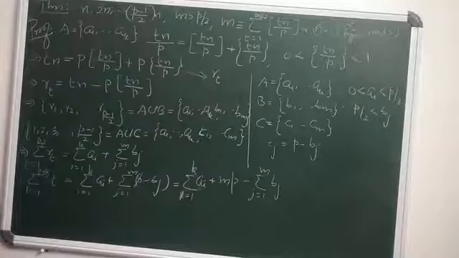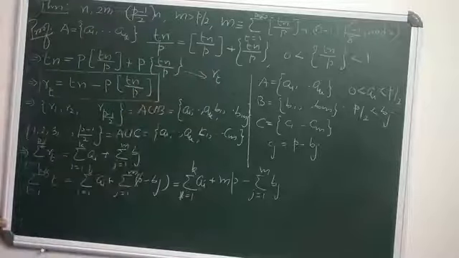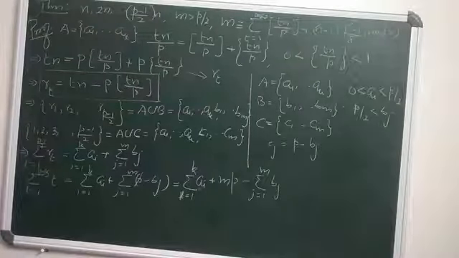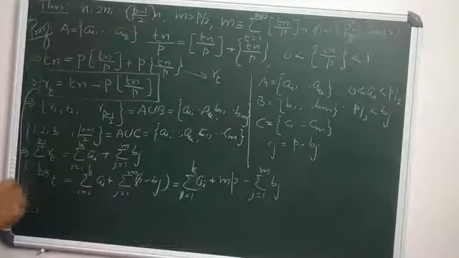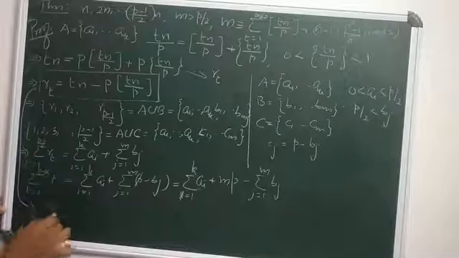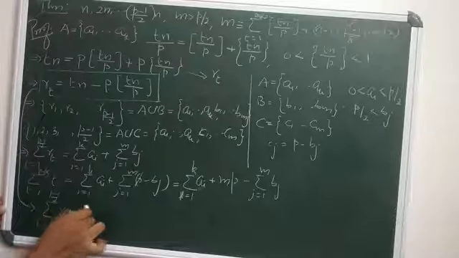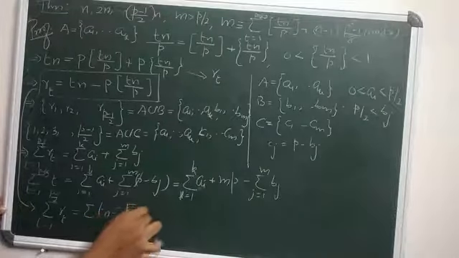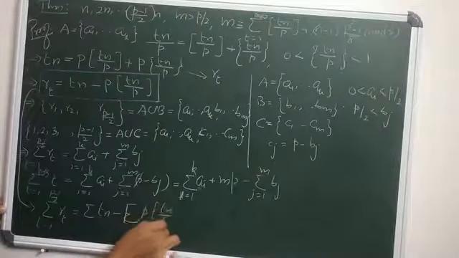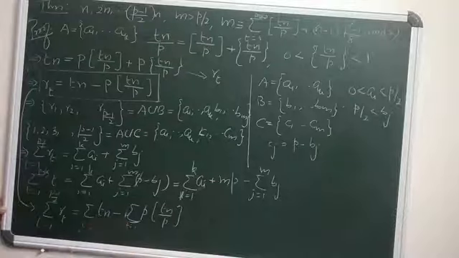Now, but we know that. What is Rt? Rt equals Tn minus P into the integer part of Tn by P. So, if you take a sigma on both sides of this result, we know that sigma Rt, where again T ranges from 1 to (P minus 1) by 2, equals sigma Tn minus P into sigma of the integer part of Tn by P, where again T ranges from 1 to (P minus 1) by 2.